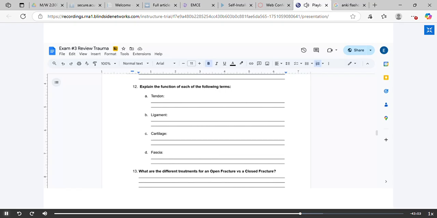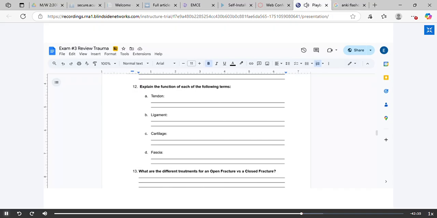The tendon will attach to the bone, and then when it goes into the muscle, it kind of disappears up into that muscle. But tendon attaches muscle to bone. Ligaments attach bone to bone. You will find your ligaments in your joints, and they support and strengthen that joint.